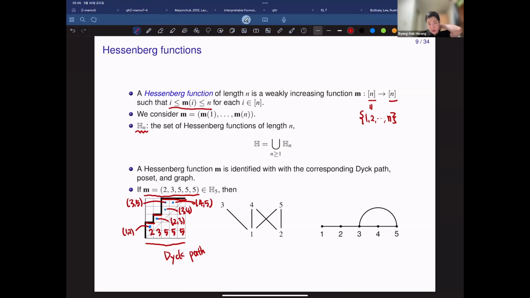Using these unit cells, you can define the poset, and also you can consider the incompatibility graph of this poset, which is this. We will use the identification of all these combinatorial objects, and we denote all of them by M.